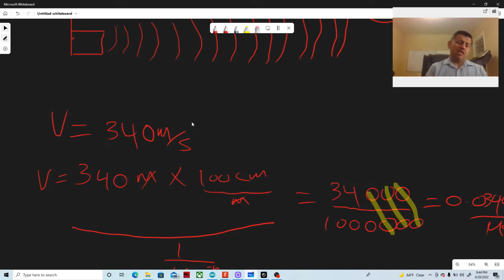But remember, with computers and microcontrollers, the more accurate you go on the reading, the better results we sometimes get. So with that being said, what we can do is change the unit, reduce the unit. And how do we do that?